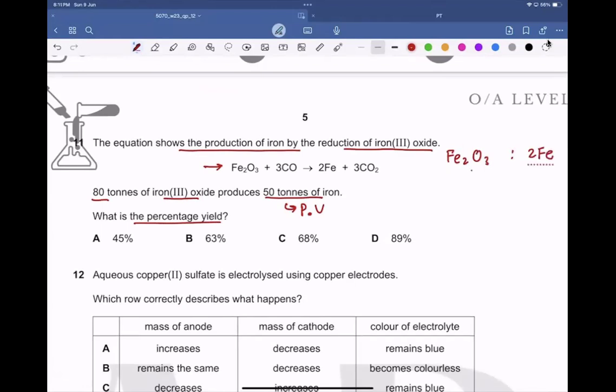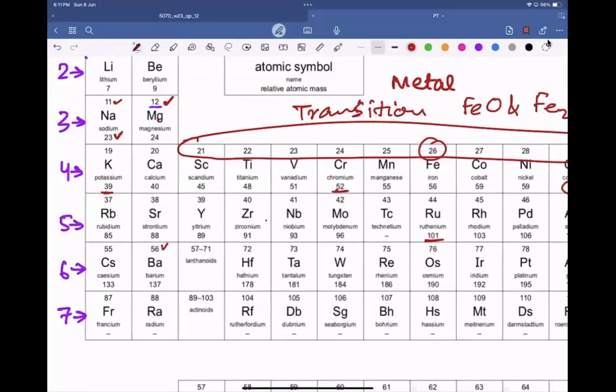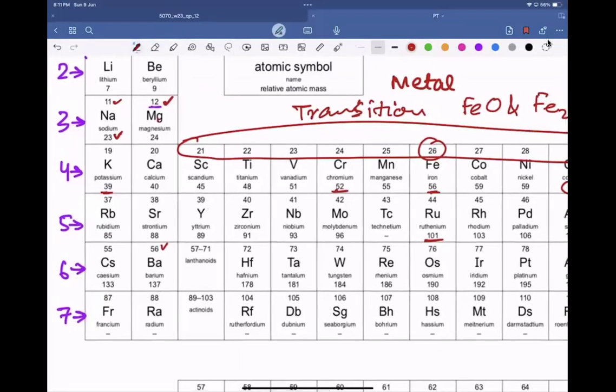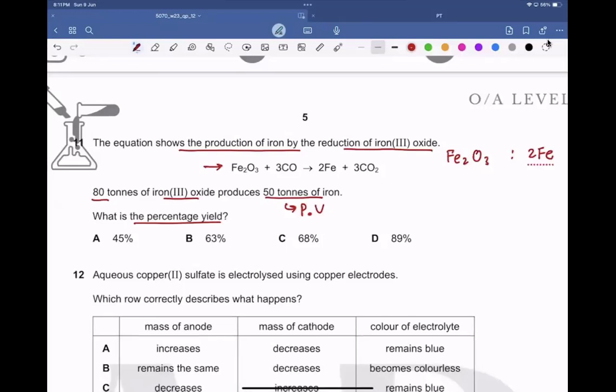So if you calculate the MR of Fe2O3, look over here. Iron is 56. Oxygen is, we know, 16. So 56 times 2 plus 3 oxygen, which is 48.